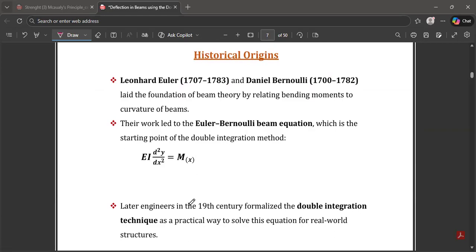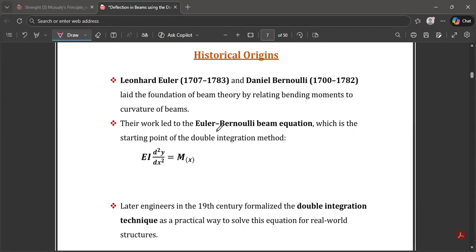Leonhard Euler, 1707 to 1783. That is his lifespan. And Daniel Bernoulli, 1700 to 1782. They laid the foundation of beam theory by relating bending moment to curvature of beams.